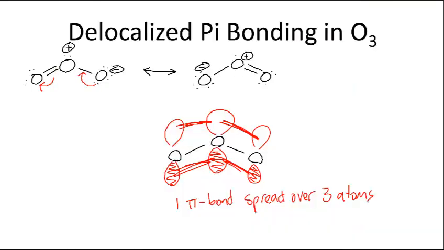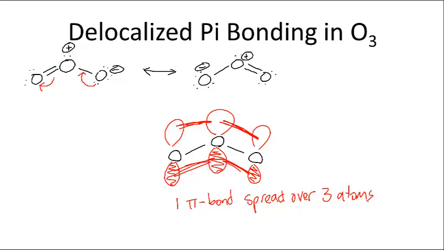Question? So the question is, does that mean the orbitals are so big that the outer 2 oxygen p orbitals actually overlap with each other?